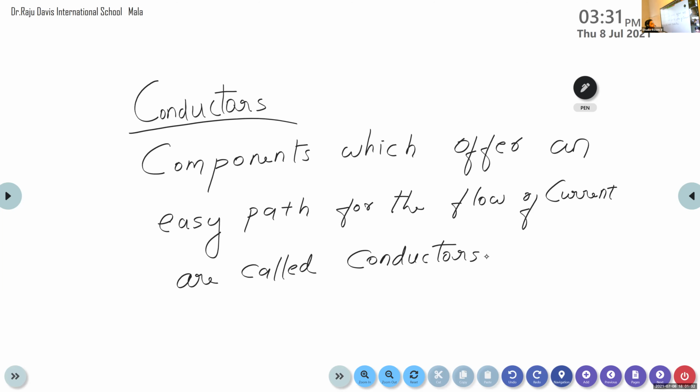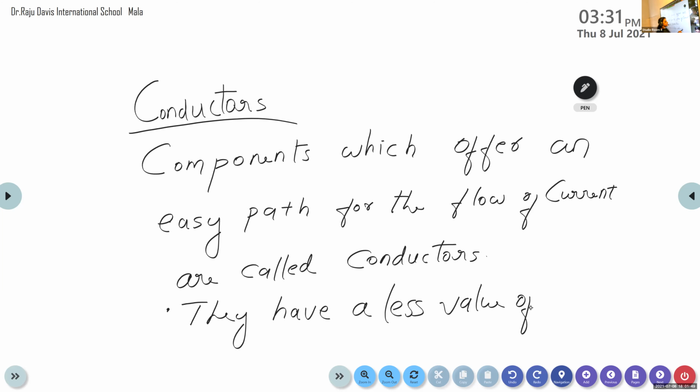And what about the resistance of the conductors? Less. Yes, they have a less value of resistance.